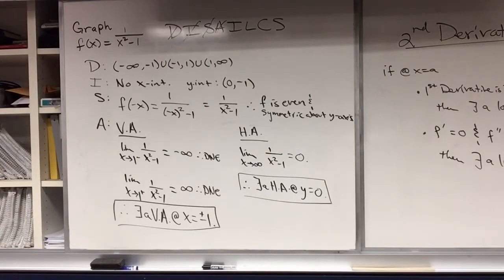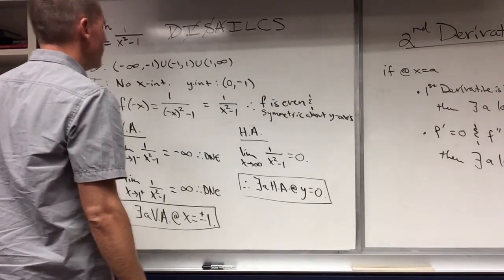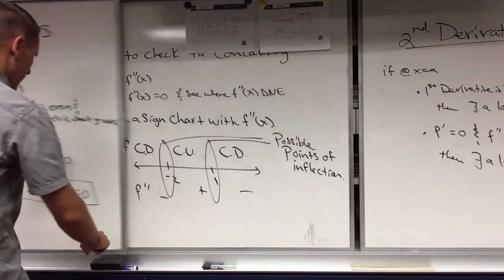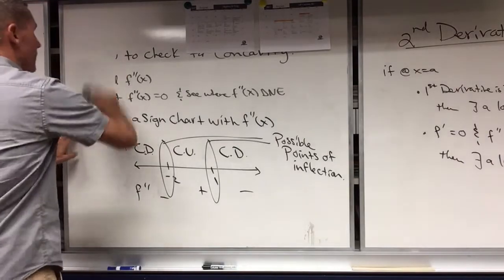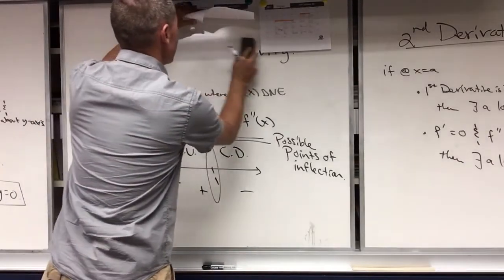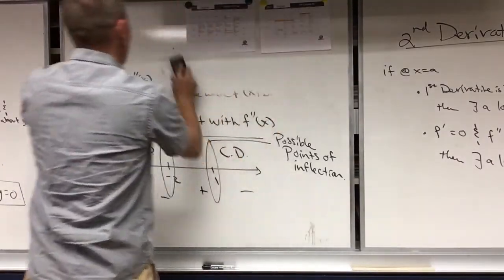So now I've done asymptotes as well. As a quick view of what we have so far, let's go ahead and erase all this, seeing what that means for us and our graph.